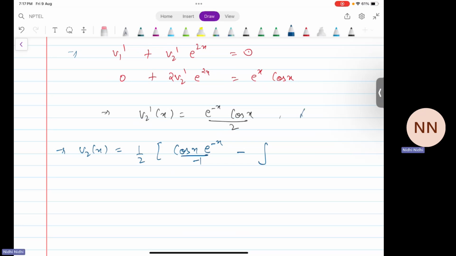We start with let I is equal to integration e to the power minus x cos x by 2.